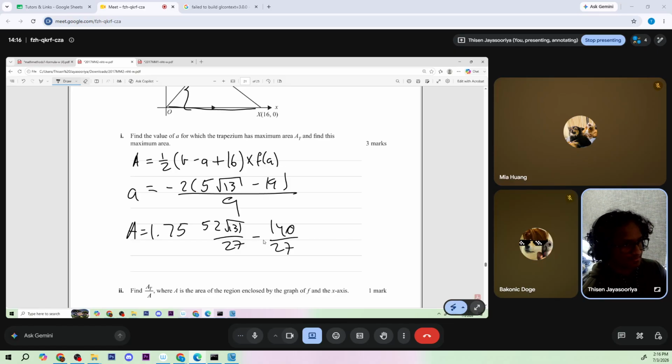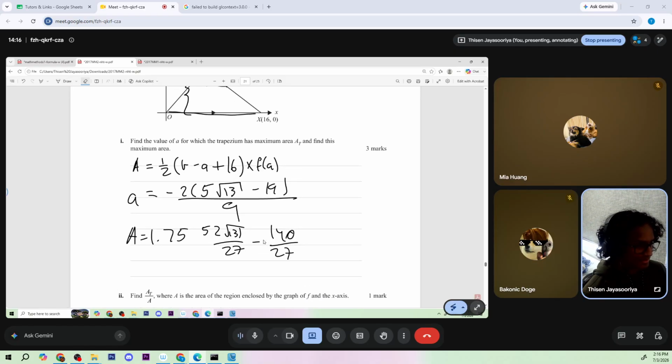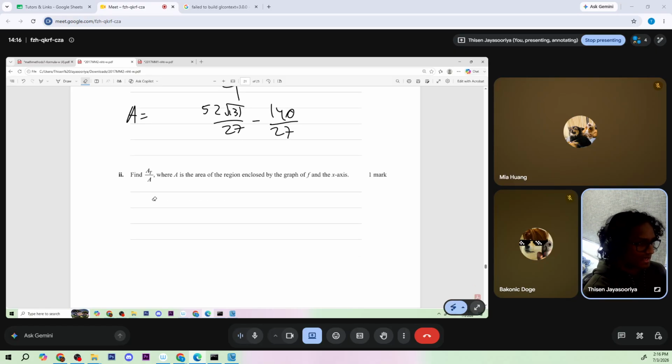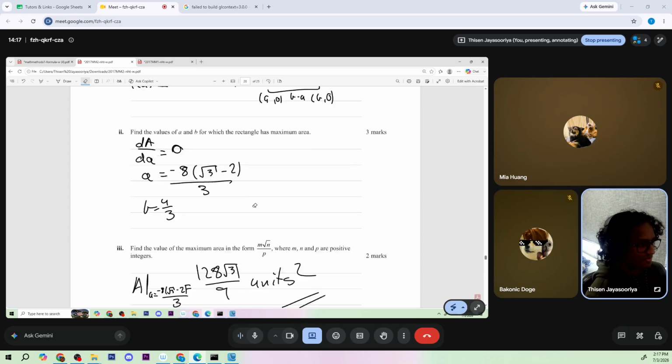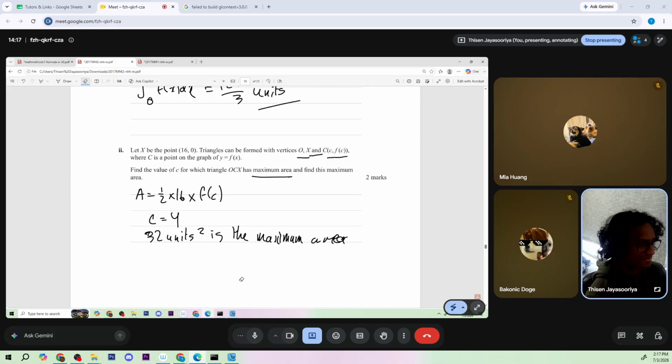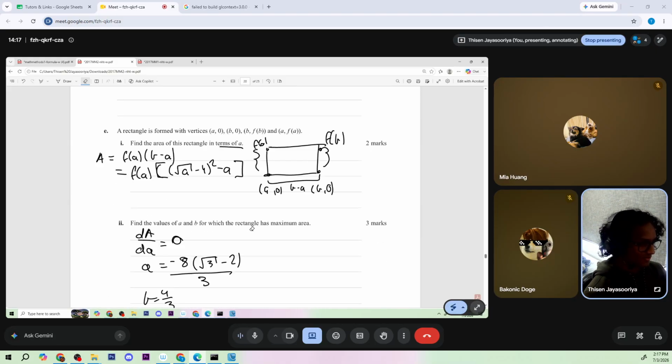And then the last part of the question asks us to find A of t divided by A, where A is the area of the region enclosed. So it just wants me to find the ratio between the area that I found at the top and this bottom one.